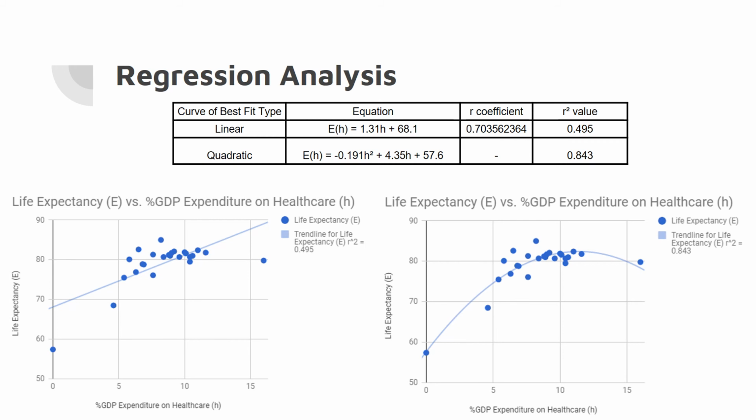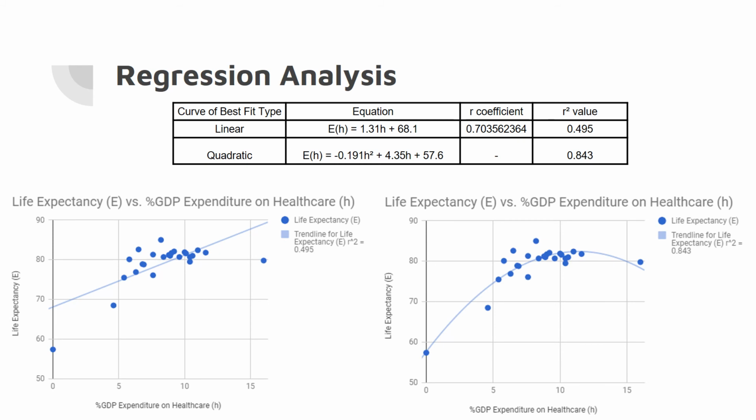So I did a quadratic regression, and lo and behold, the curve runs through most of the points, and when you compare the r-squared value, it tells you for sure. For the linear, it's 0.495, while for the quadratic, it's 0.843. And that's mind-blowing as it is. I will talk later about the implication of the quadratic model, but I just want you to look at the correlation and the r value.